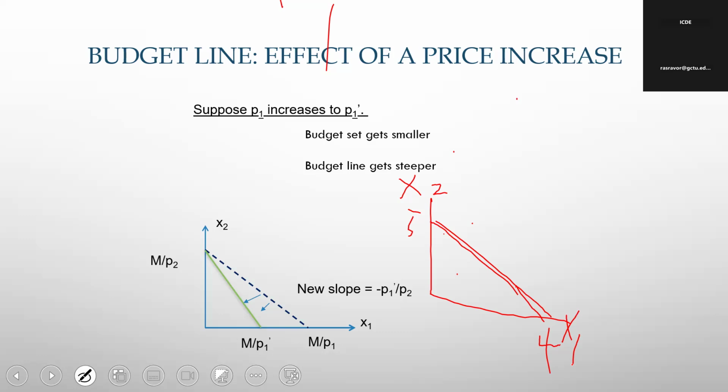What am I going to do? I still want to have my X2 unchanged. So if the price of maybe pencil has increased, I still want to maintain 5 pen.